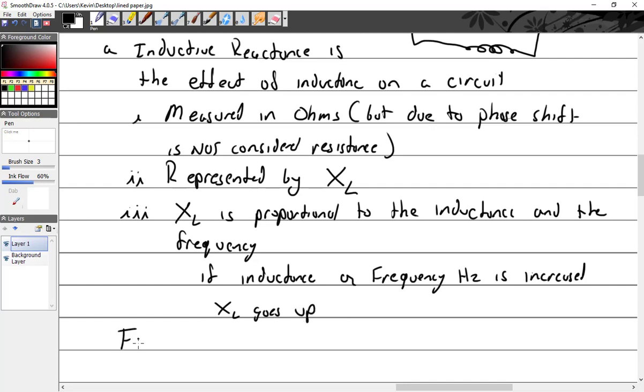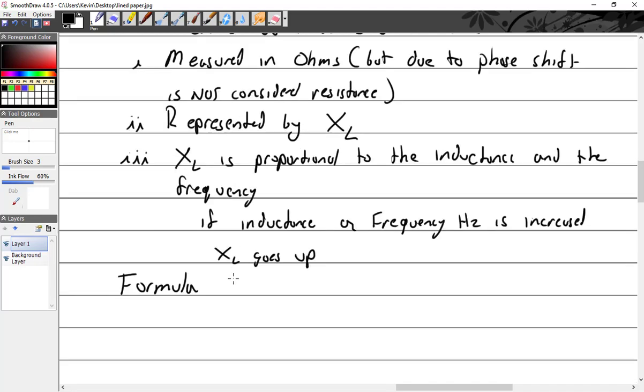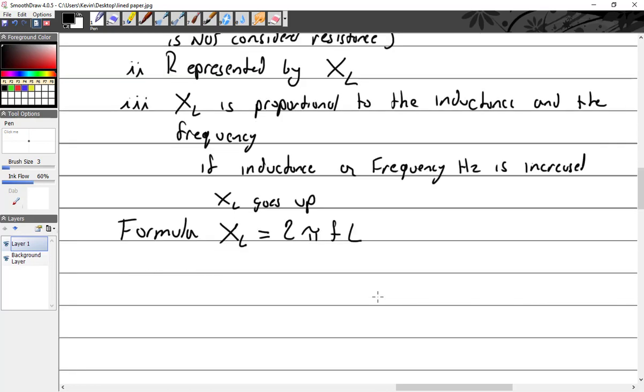The formula that you want to write on your formula sheet is X of L equals 2 pi F L. So again, X of L equals inductive reactance. 2 pi, well, you know what 2 is, you know what pi is.